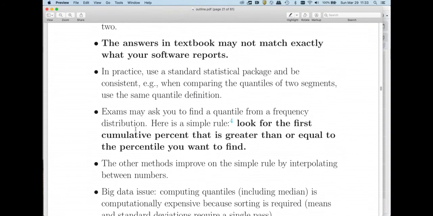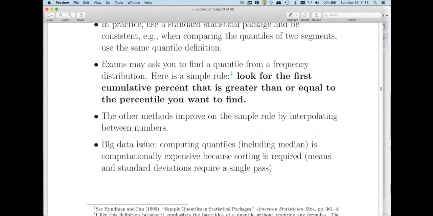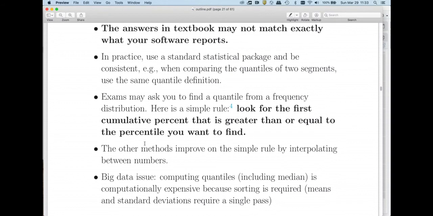So I'm going to give you an extremely simple rule, which I think is useful for an exam. And so here's my simple rule. Go to the frequency distribution and find the first cumulative percent that's greater than or equal to the percentile that you want.